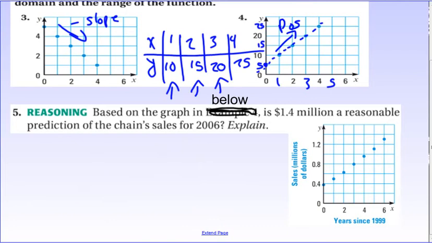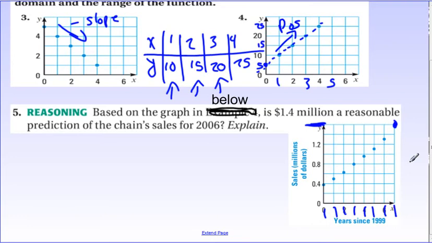All right, number 5. It says, based off the graph below, is 1.4 million, which would be right here, would that be a reasonable prediction for the chain's sales in 2006? Well, let's see. So this is the year 1999, 2000, 2001, 2002, 2003, 2004, 2005, 2006. So we want to know, would the dot be here?